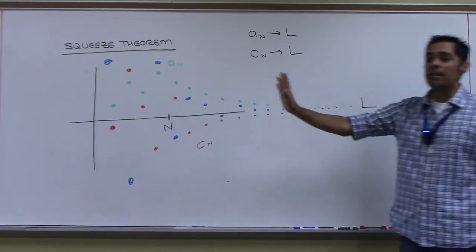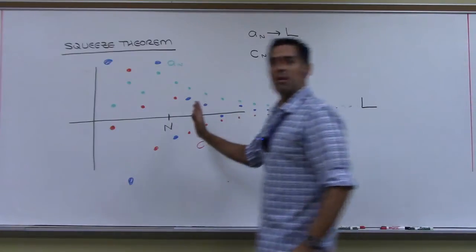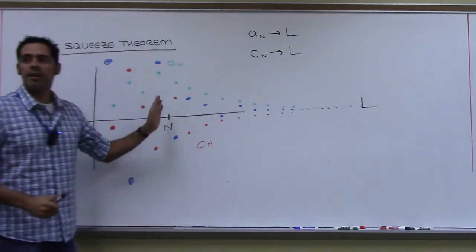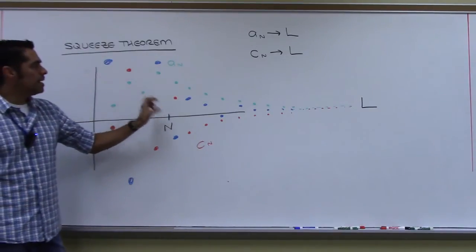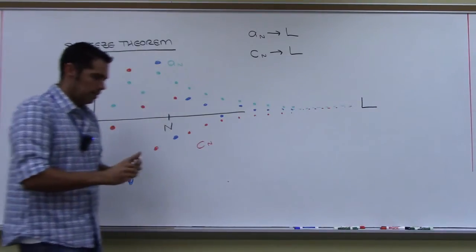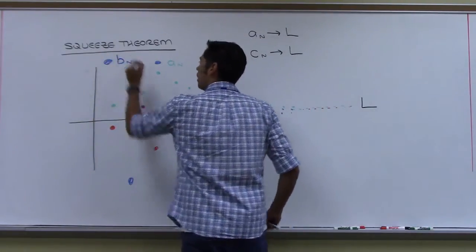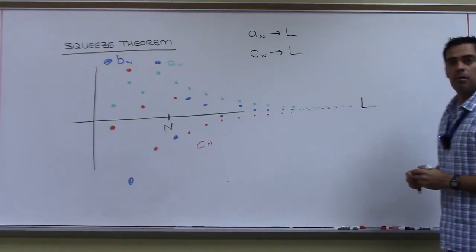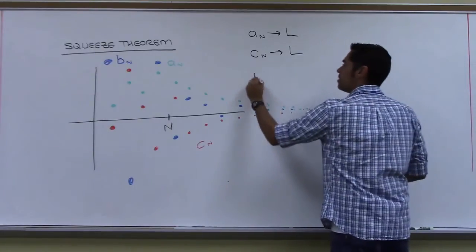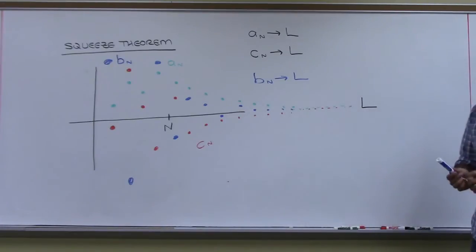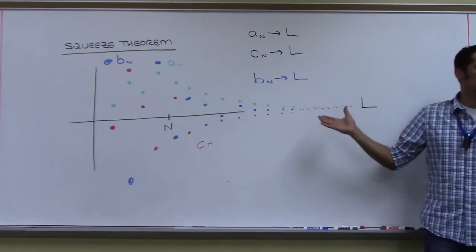So at some point, the blue is always between these two. Then wouldn't you agree that the B sub n, which is the blue one, must also go to L? Do you agree? Yes? So B sub n must go to L. That's the visual idea behind the squeeze theorem.